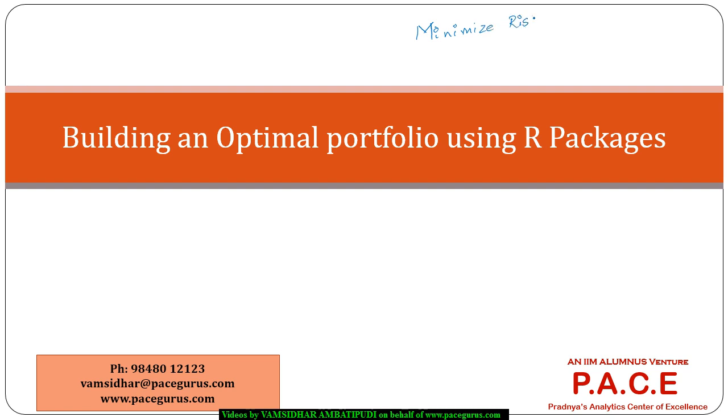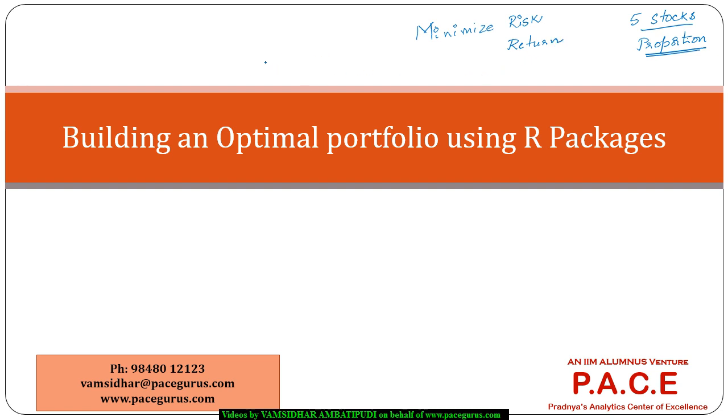I want to create a portfolio of, let's say, five different stocks. I want to find out in what proportion I have to invest in these five different stocks so that my overall risk is mitigated for a given amount of return that I am expecting.